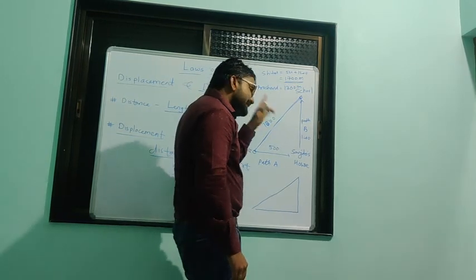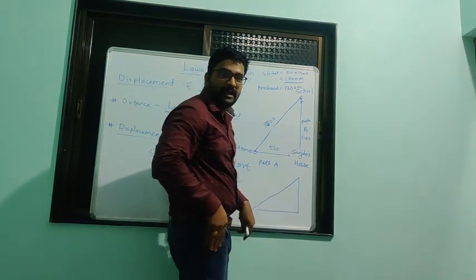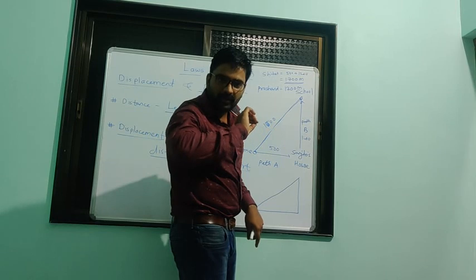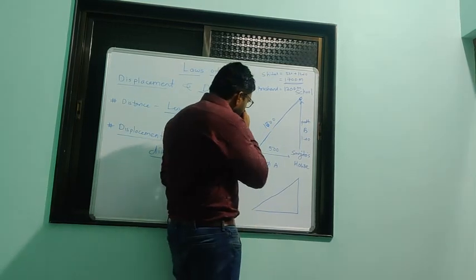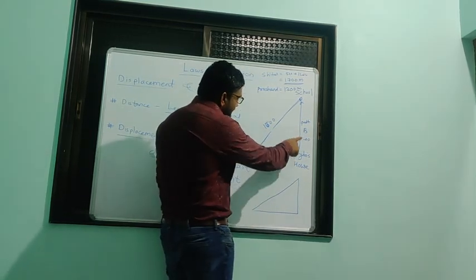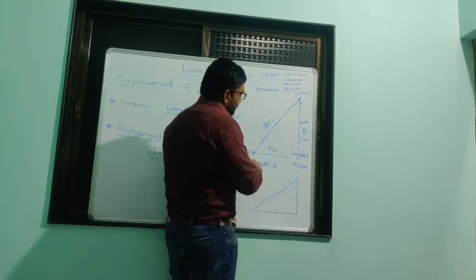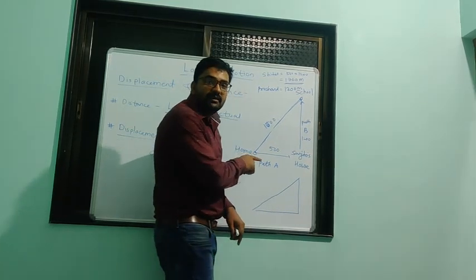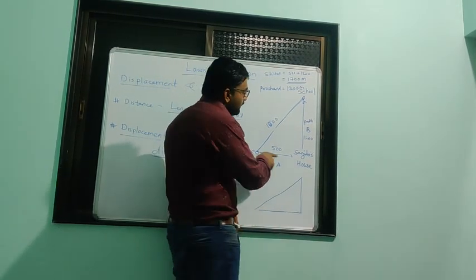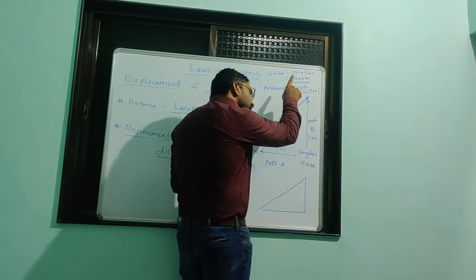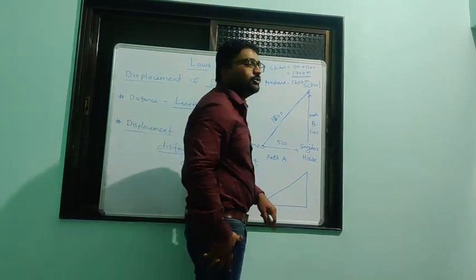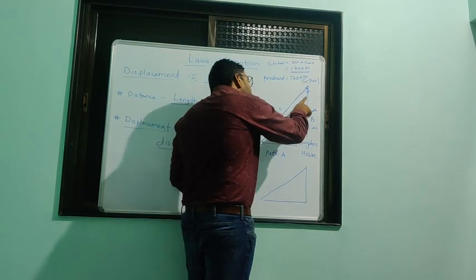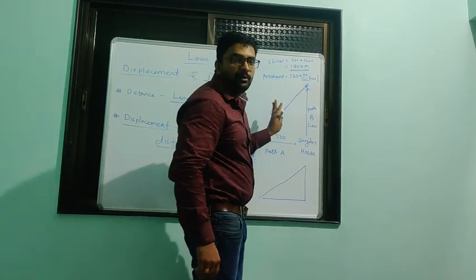But if they change path, then their distance will not be the same. Here you will find that Sheetal's distance is always higher compared to Prashant's distance, because he first went to Sangeeta's house and then goes to school, so he has to cover more distance as compared to Prashant.